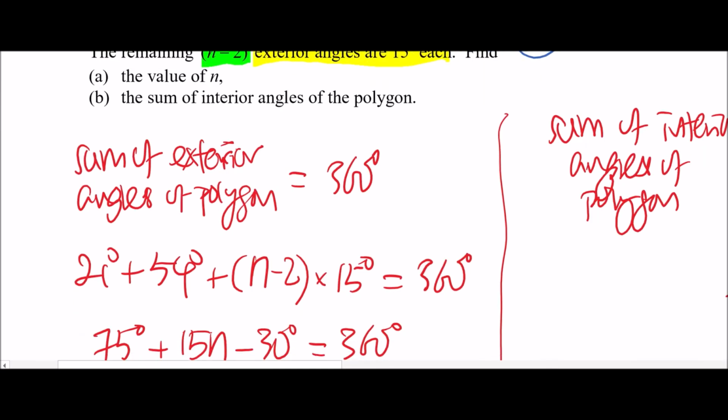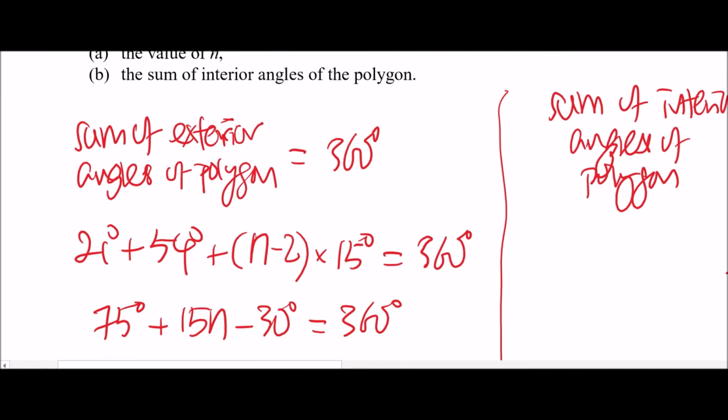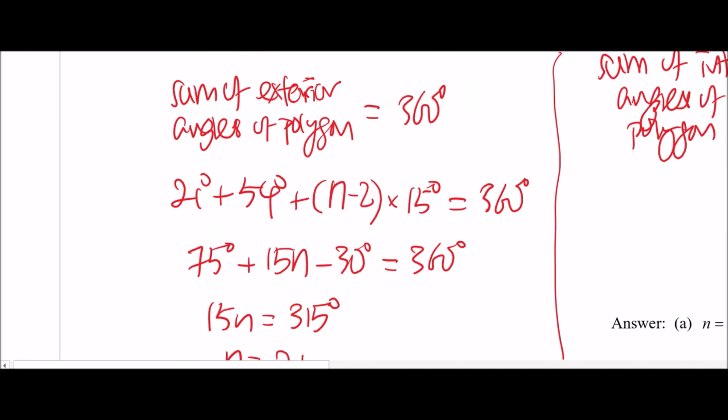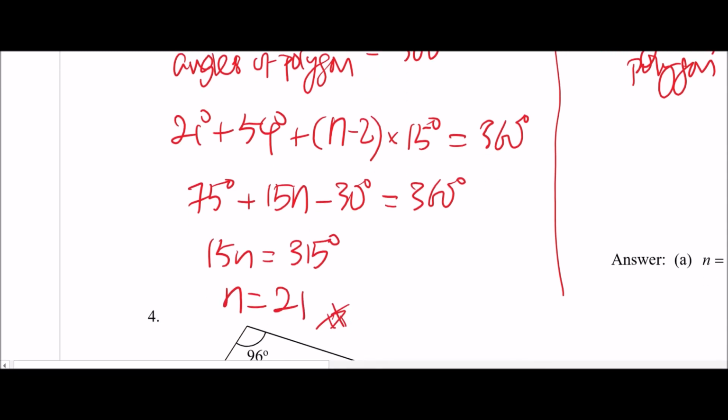The way to do this is, we have information about the exterior angles. So we use our knowledge that the sum is 360 degrees. But we cannot simply divide it by n because this is a non-regular polygon. So we're going to add up all the exterior angles. We have the 2 that we already know, and the rest are 15 degrees, and there are n minus 2 of them. So we add them up.